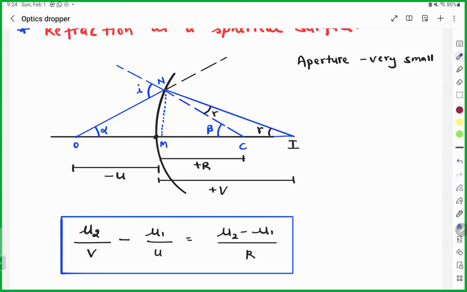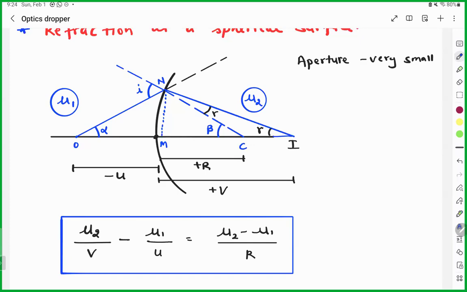Any doubt, guys? This is nu1 and this is nu2. In nu2, you have positive v. In nu1, you have negative u, and the difference, R, is also positive.